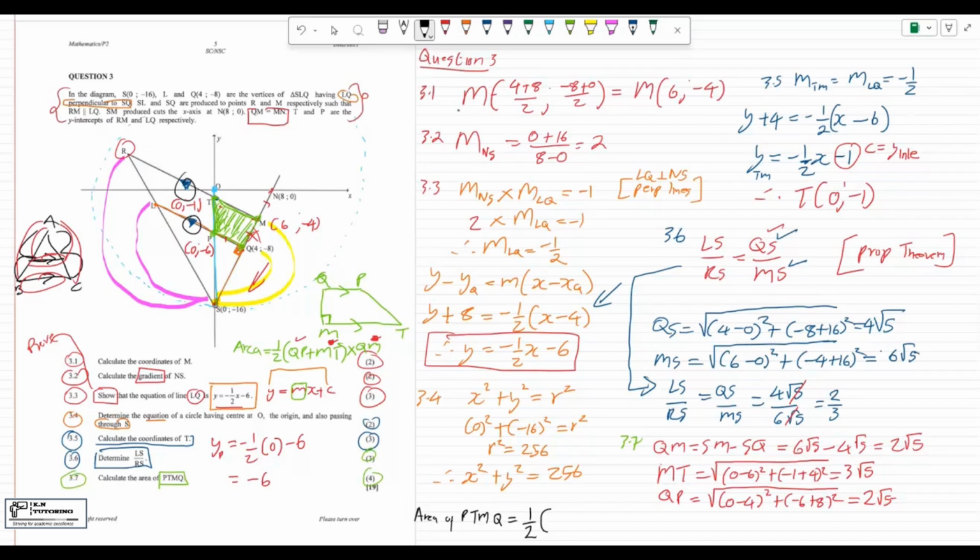The parallel sides are QP, so it's 2 square root 5, plus the other side of the parallel lines, MT, which is 3 square root 5, multiplied by the perpendicular height, which is MQ. MQ is 2 square root 5. And when I simplify that, I will find this to give me 25 units squared.